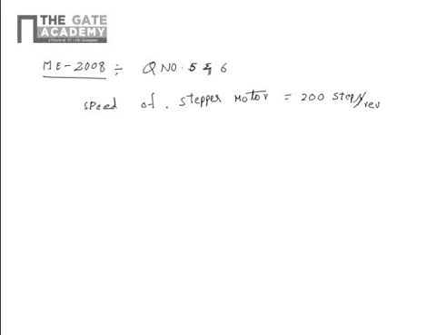Similarly, the motor drives a table through a gearbox and lead screw nut mechanism. Pitch of the lead screw is 4 mm, which means the distance travelled by the table for one rotation of the lead screw.